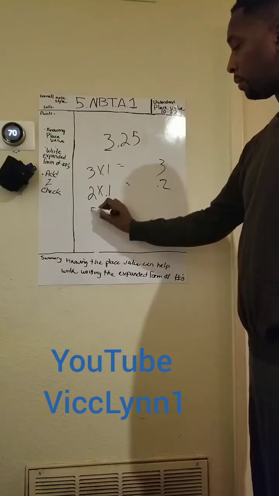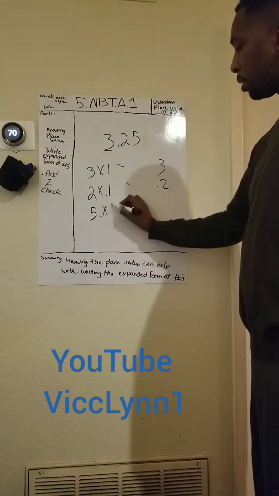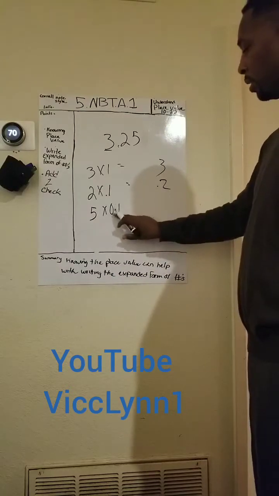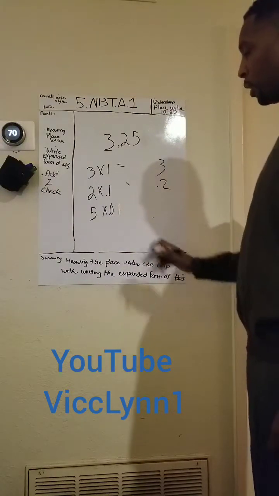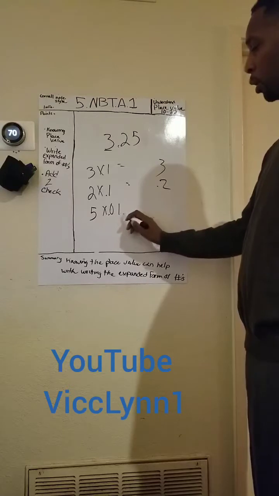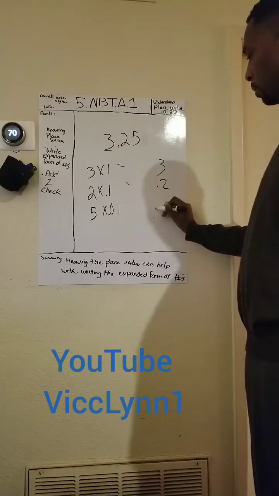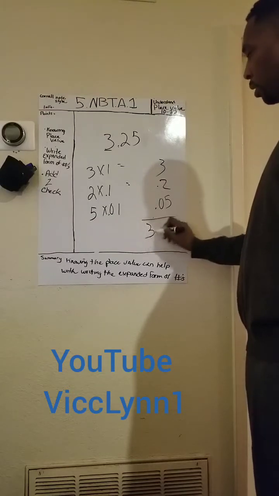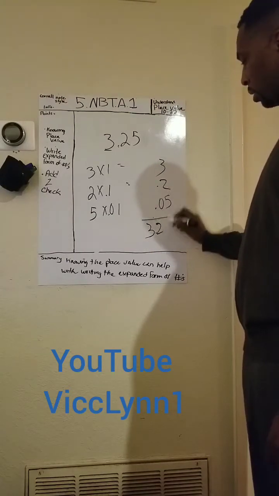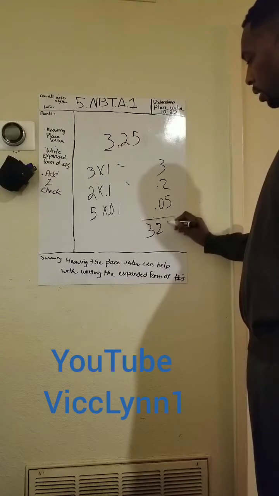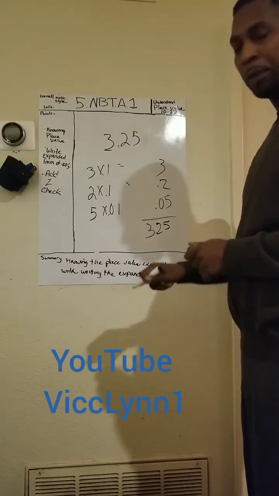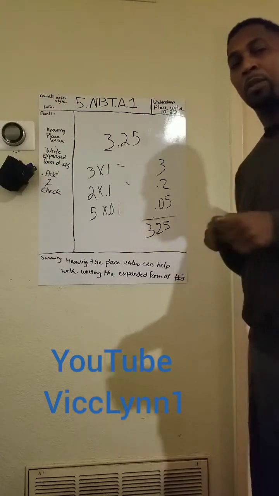So it's going to be 5 times 0.01. Okay, because it's in the hundredths place. So that's going to be 0.05. So when you add that up, 3 is the whole number, 0.2, and 0.05, that's 3.25. I'll explain how to write those whenever we do the next one tomorrow.